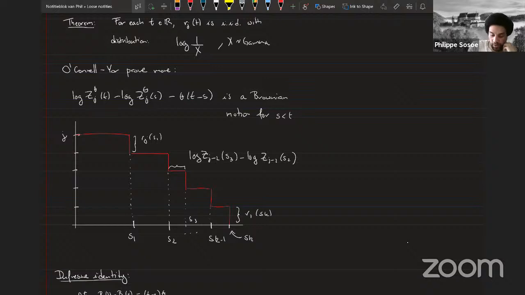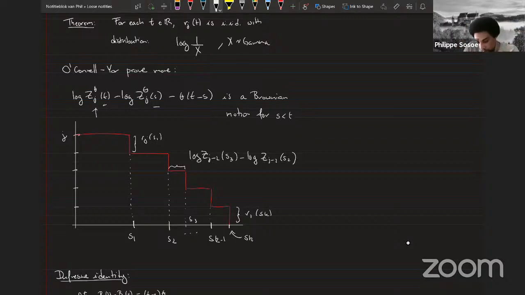We look at increments in time, for fixed j, of the partition function, centered by this linear term theta (t minus s). What they show is that this is also a Brownian motion for each j. So this is a sort of stationarity in the levels instead of stationarity in time.